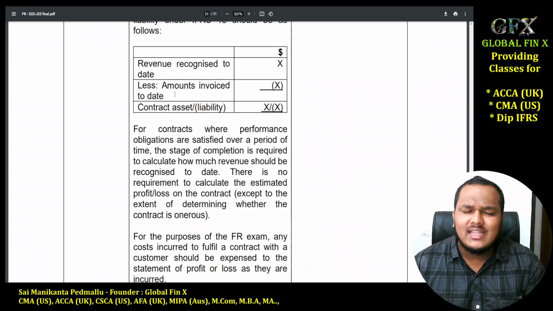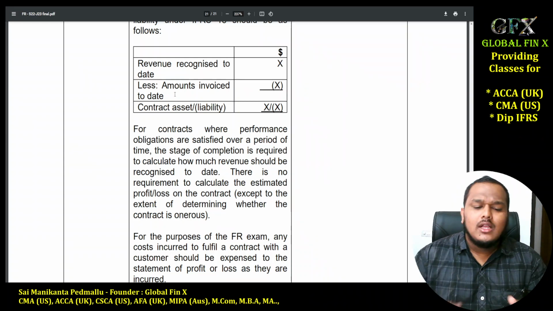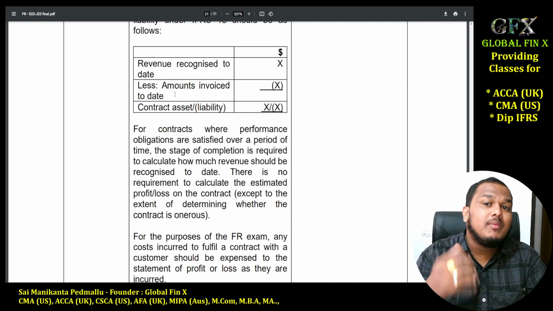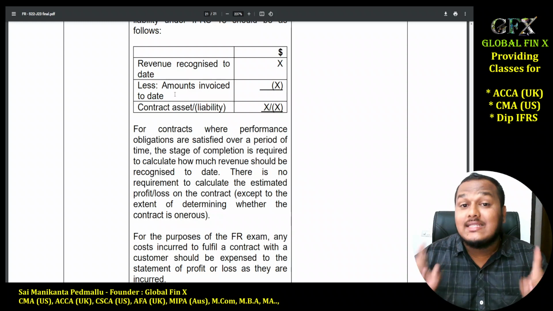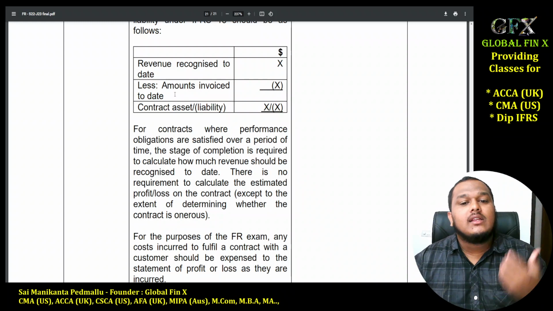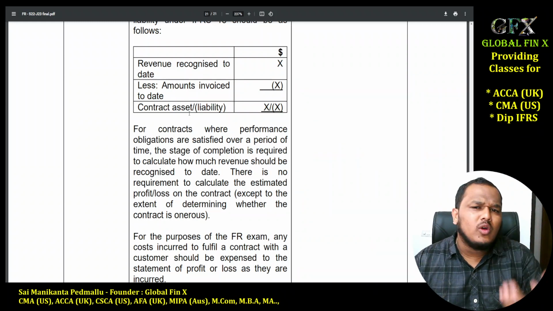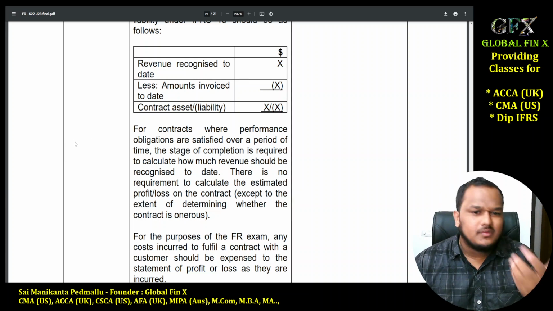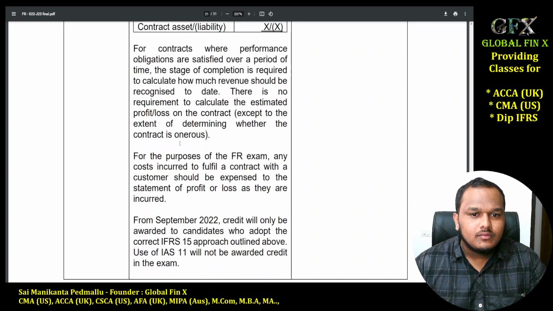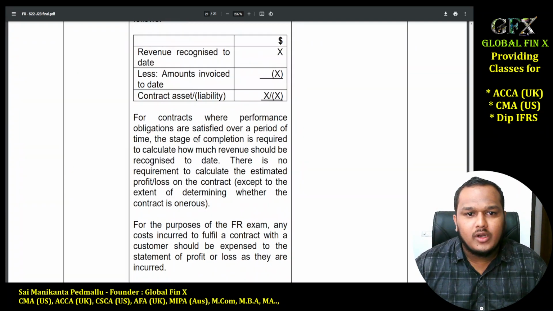We already covered that in the syllabus in our regular lectures. Whatever has been invoiced will become receivables. Whatever is unbilled revenue, we call it unbilled revenue. That is called a contract asset. If more amount is received from the customer in advance, a contract liability will be shown. As simple as that. So those additional points have been considered.